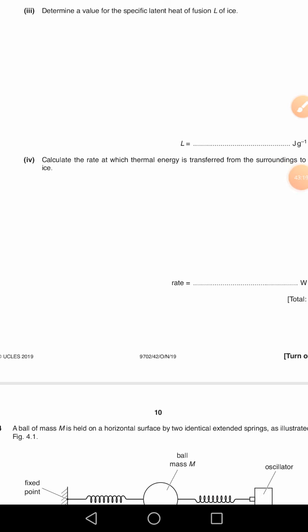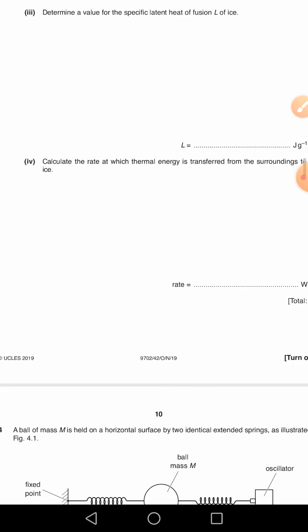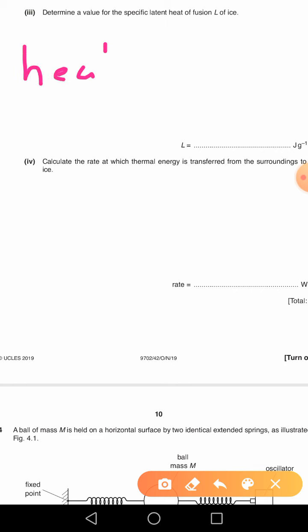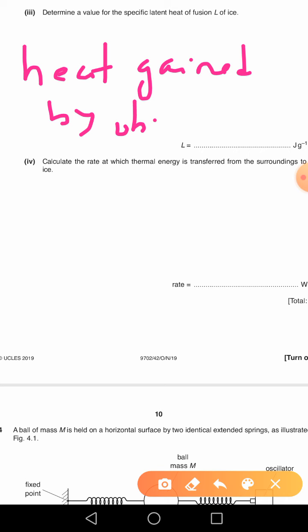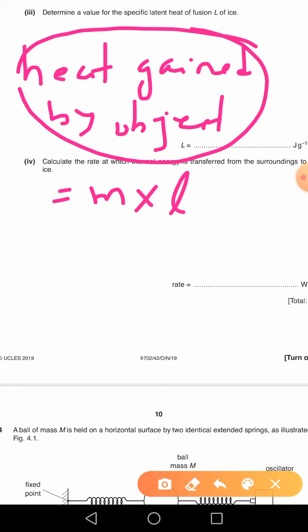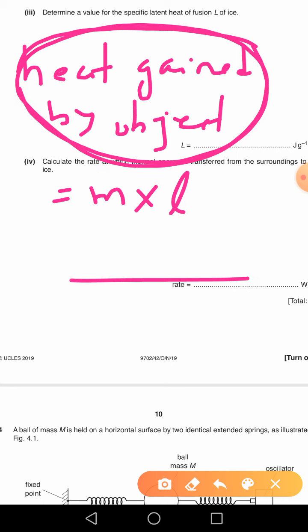You have to be careful: the amount of heat gained by an object during melting or boiling is equal to mass into specific latent heat. It's not the amount of heat energy supplied to it, it's the amount of heat energy gained by the substance, which may be from one source or from different sources.